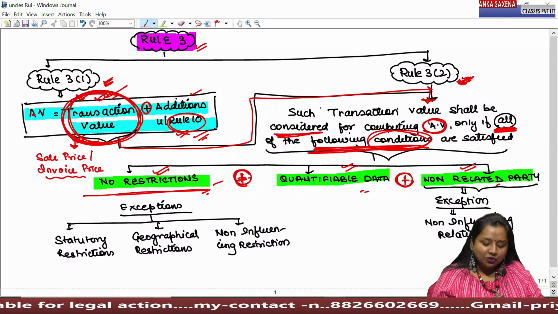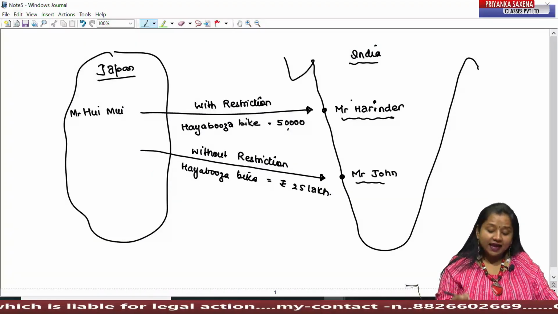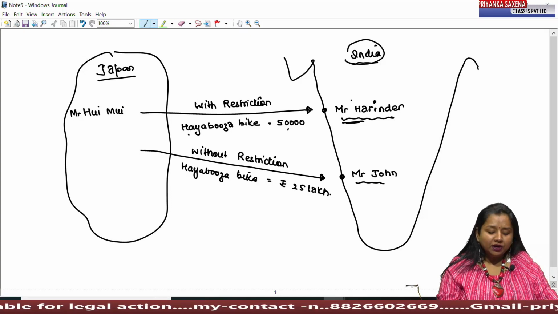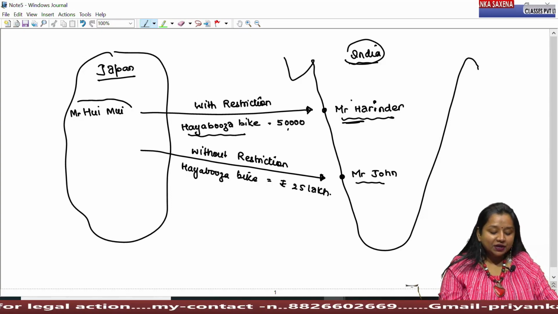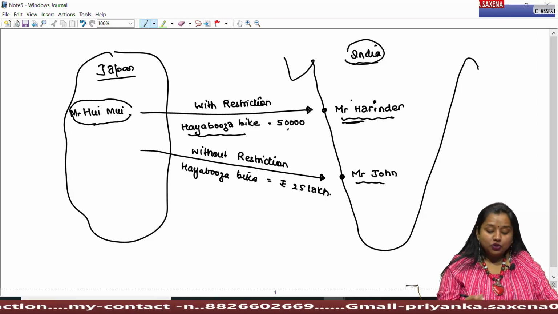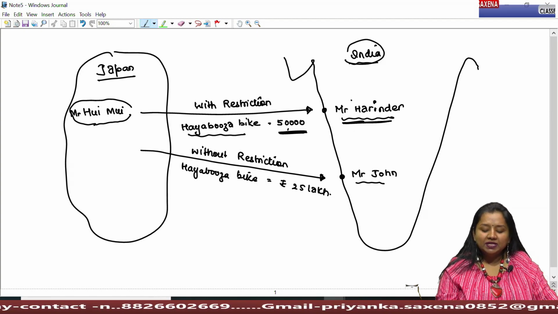I would like to conclude this topic with the help of an example. Let's say that Mr. Harinder in India imported a bike from Mr. Huimui from Japan, who sold the bike for rupees 50,000 to Mr. Harinder.